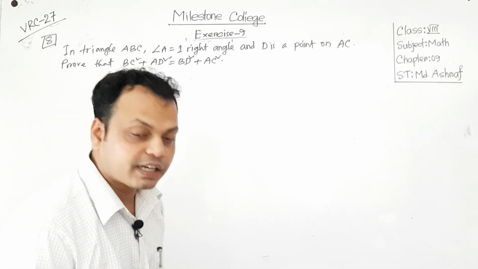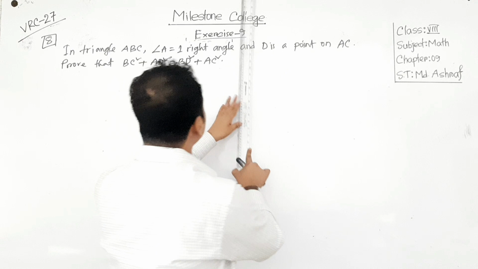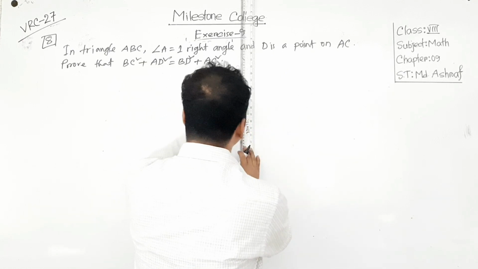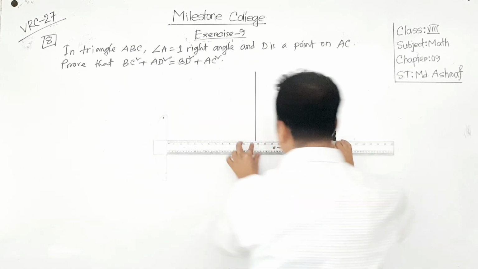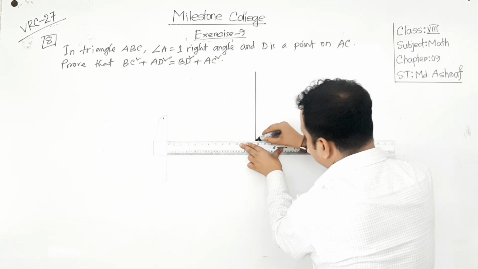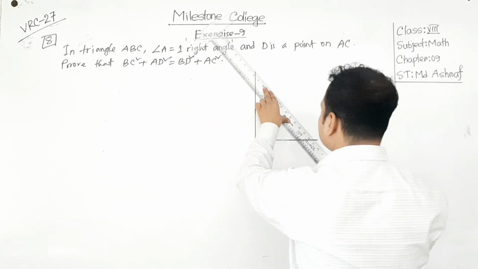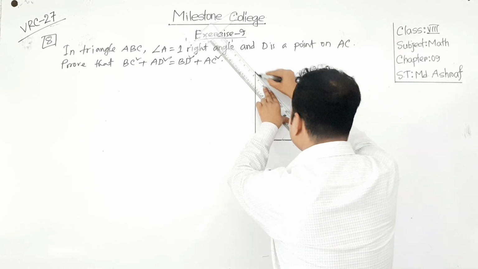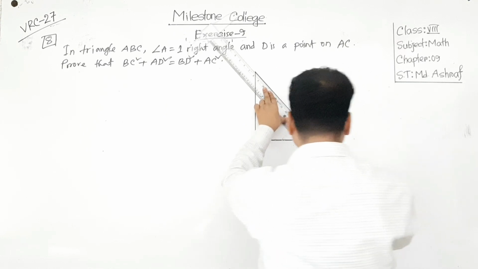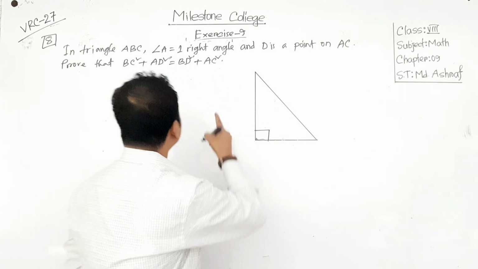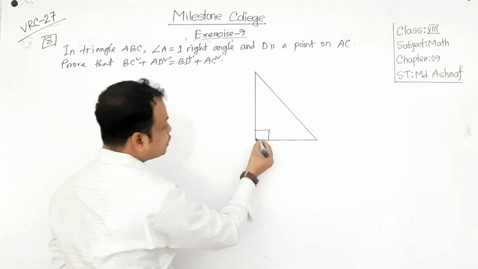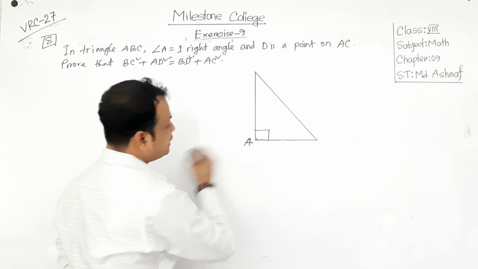Now draw a right angle triangle first. This is a right angle triangle and this is the 90 degree, and angle A will be the right angle.